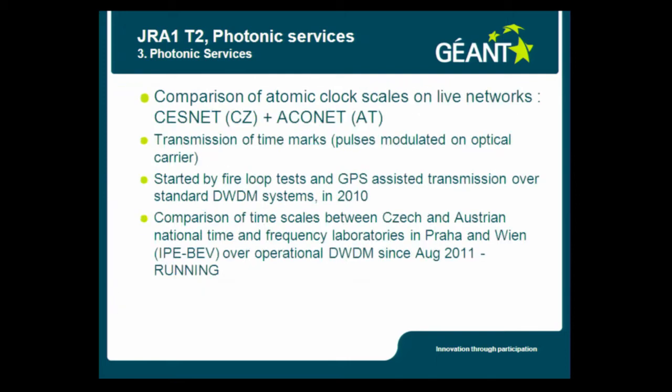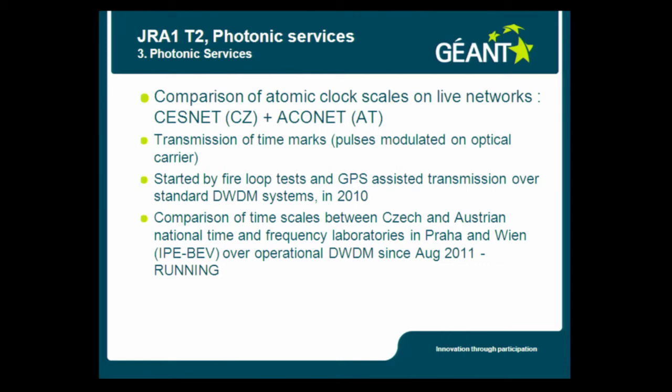The first practical deployment is comparison of atomic clocks between two cities and networks, CESNET and ACOnet, Czech Republic and Austria. Basically, it's transmission of time marks. It's a modulated optical signal, definitely less than 1 gigabit per second. I think it's 300 megs or something like that.